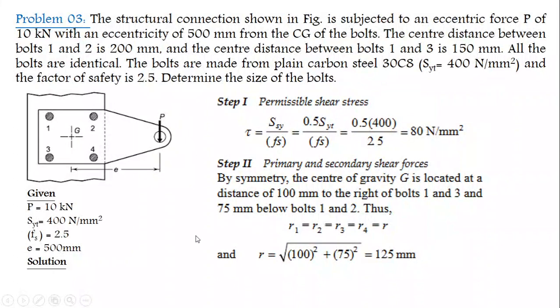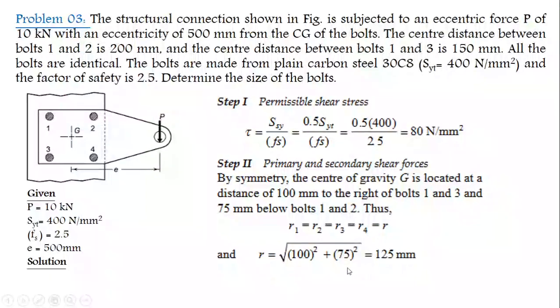The line from the center of gravity to each bolt is called the radius of the arrangement, R1, R2, R3 and R4. All are the same distance, so R1 equals R2 equals R3 equals R4 equals R.